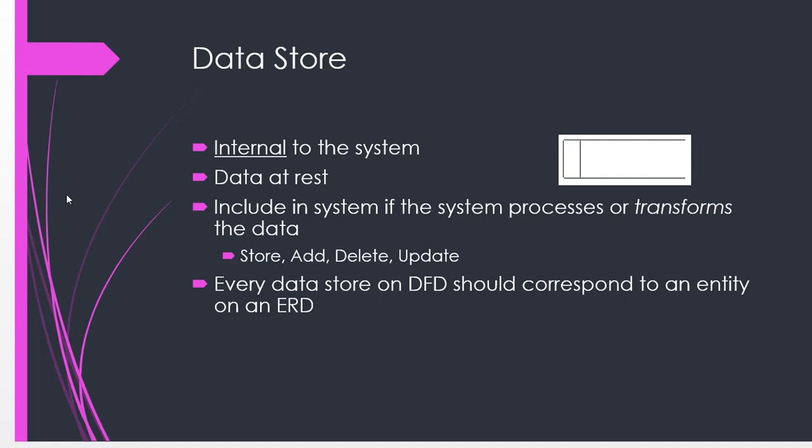So the relationship between a data store on a DFD and an entity on an ERD is that both of them can actually become tables in a what? In a database. So a data store, just remember, represents a database or a data file or somewhere where data is stored.